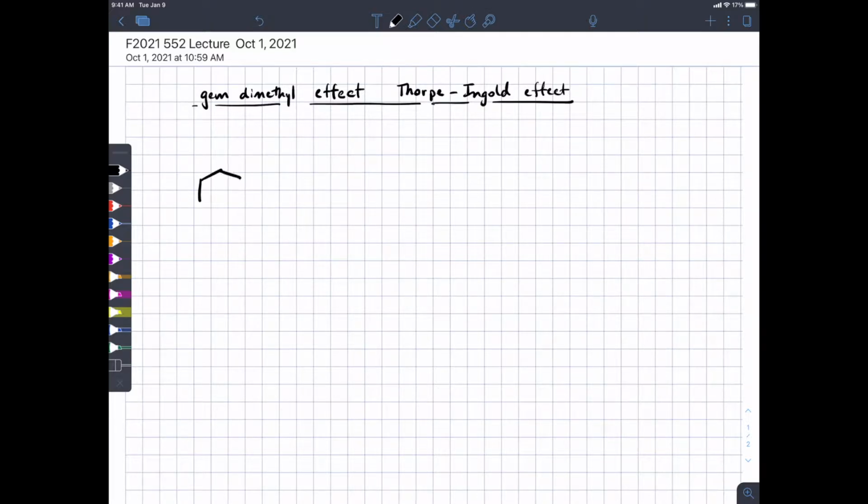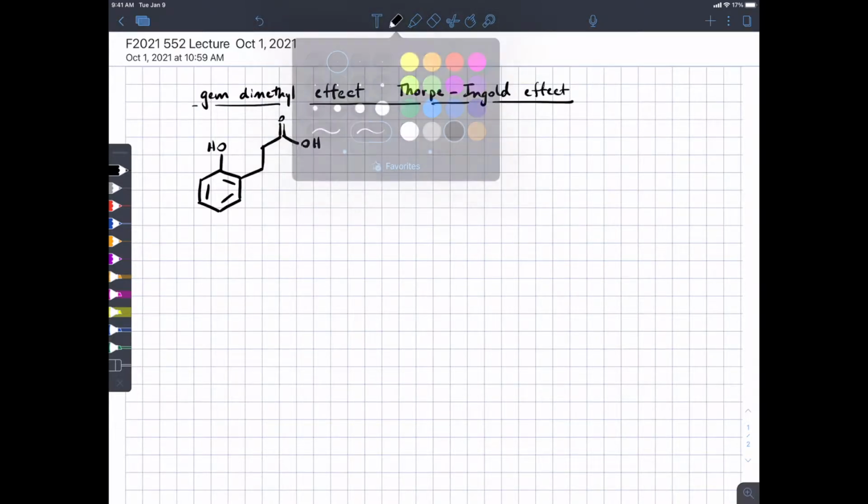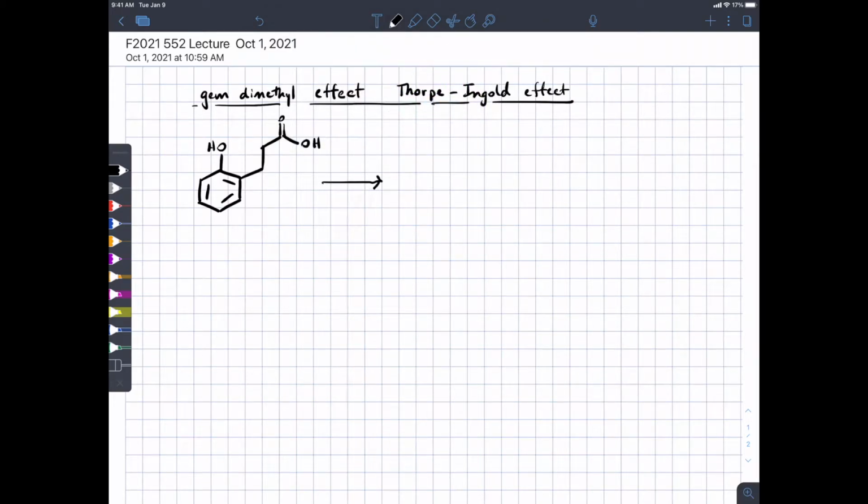As an example, here is a phenol, and it's got a carboxylic acid. Under certain conditions, which we won't worry about, you can cyclize to form the six-membered ring lactone.